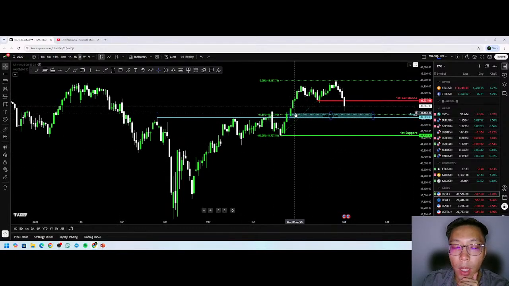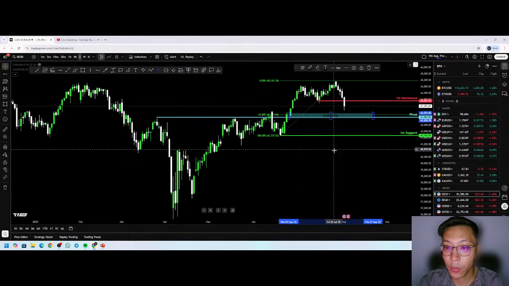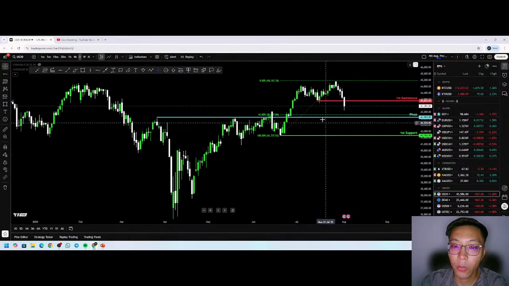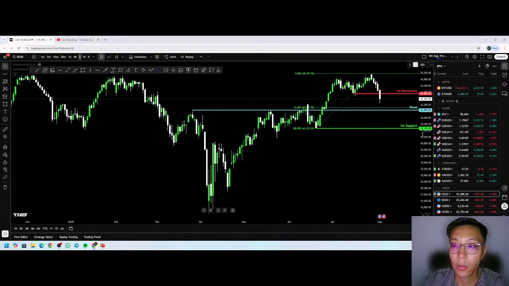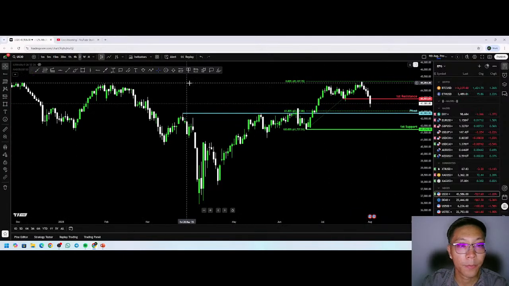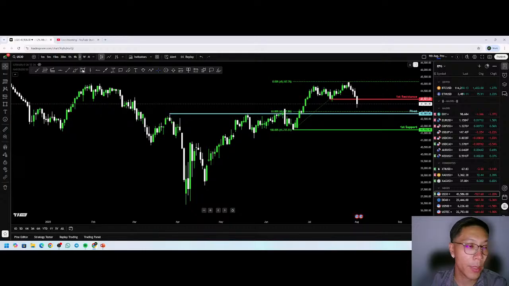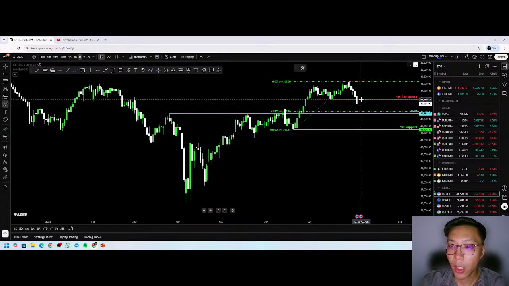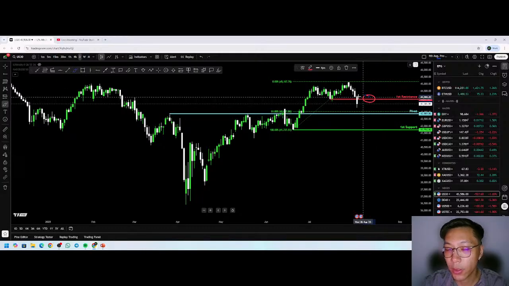So let's see if price will be able to react off this pivot point. Most probably a lot of sellers will come in here. A lot of sellers will definitely come in here.